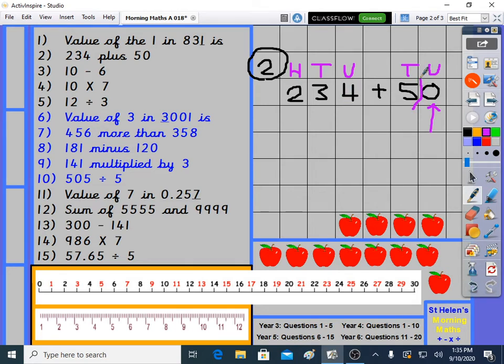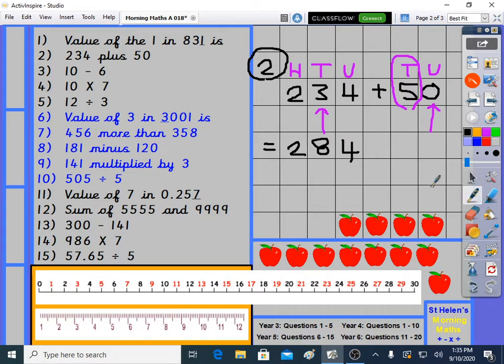The tens is going to change because we're adding 5 tens. There's no 100, so the only thing that's going to change is this tens column. It's going to be 3 tens plus 5 tens, which is 8 tens. So we're going to have 284, that's the answer.